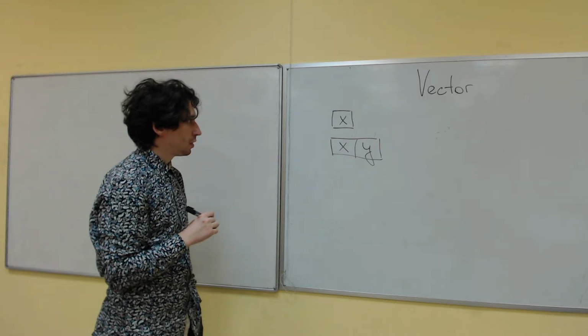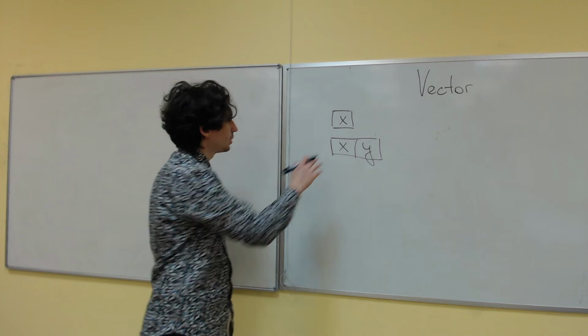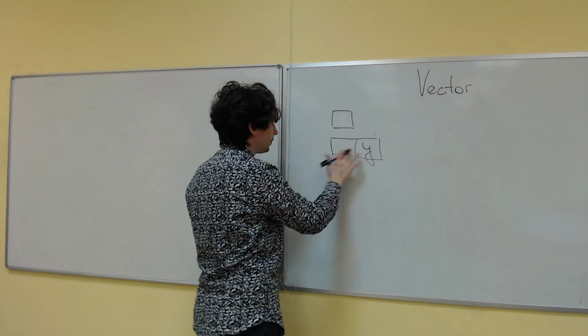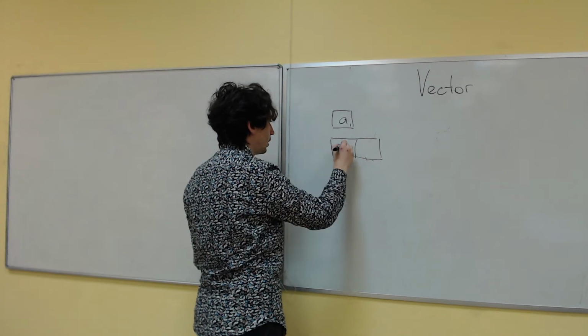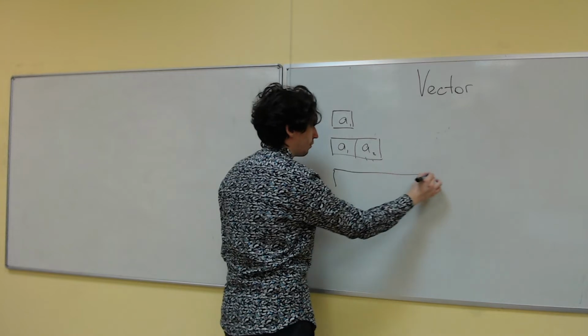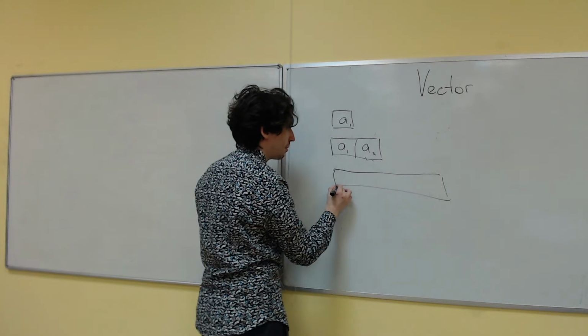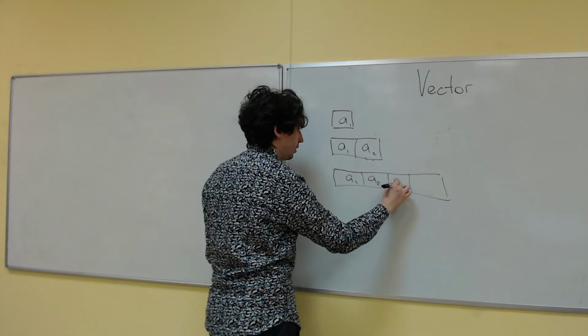Then we should put another element here, A1, A2. So we create an array of size 4, so we double the size, and put element 3 there.